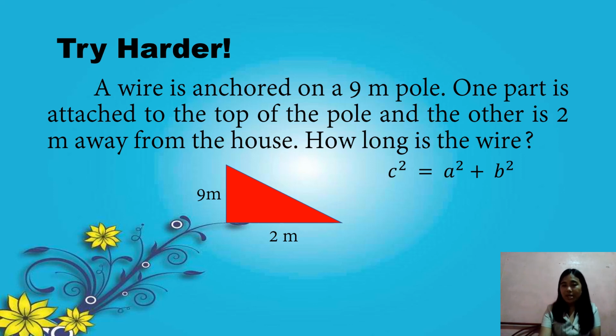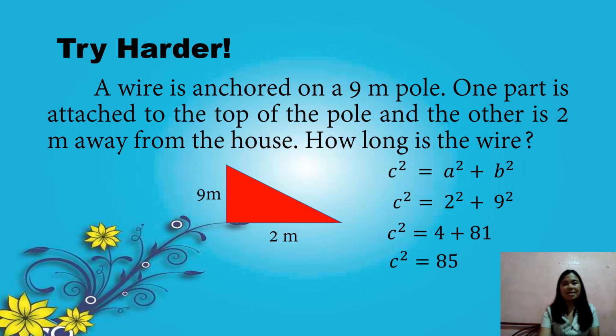And since we have the horizontal and the vertical parts, we can substitute them for a and b. So we now have 2 squared plus 9 squared. And what is 2 squared? Yes, it's 4. How about 9 squared? Yes, it's 81. So we have 4 plus 81. 4 plus 81 is 85. Now, c squared equals 85.